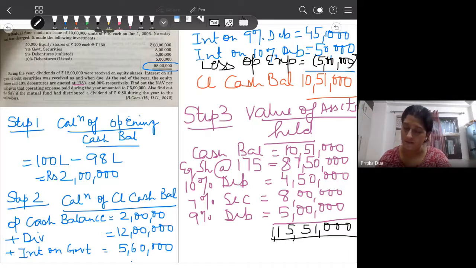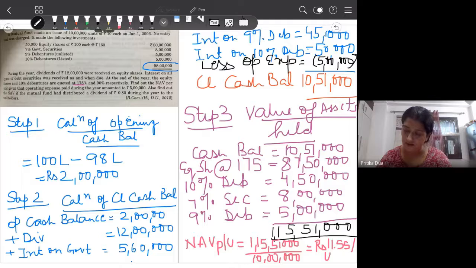So next we calculate the NAV per unit. So 11.551 per unit would be the NAV for part 1.